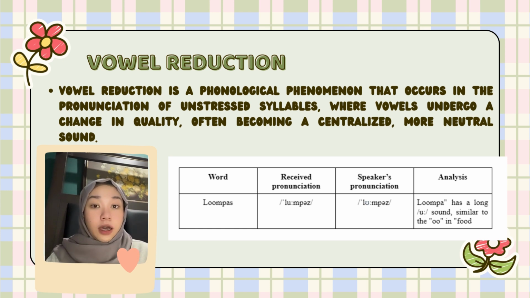This word lumpa has a long O sound which is similar to the O in the food spelling. So it's not lumpas, it should be lumpa because the speaker himself pronounced lumpa as lumpas. So it needs to be pronounced as lumpa.